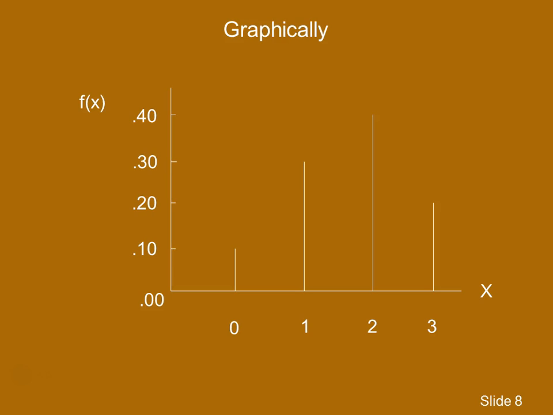Finally, in some cases, we can just draw a graph of the distribution as well. This is just a line diagram showing you the distribution we just looked at. X could be 0, 1, 2, 3. The probability that x was 0, f of 0 was 0.1, f of 1 was 0.3, f of 2 was 0.4, and f of 3 was 0.2. So as I said, we can illustrate a discrete random variable either with a graph or an equation or a table.